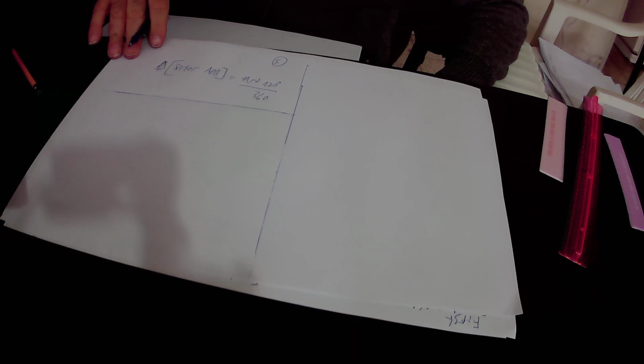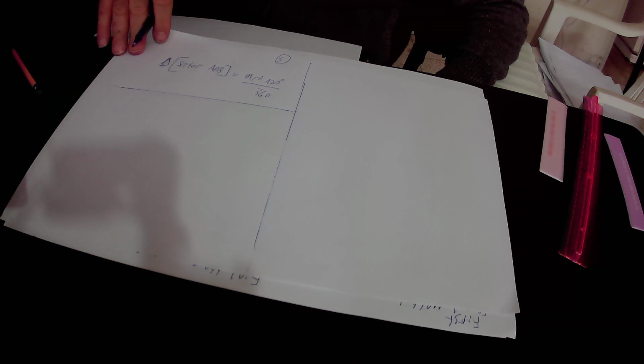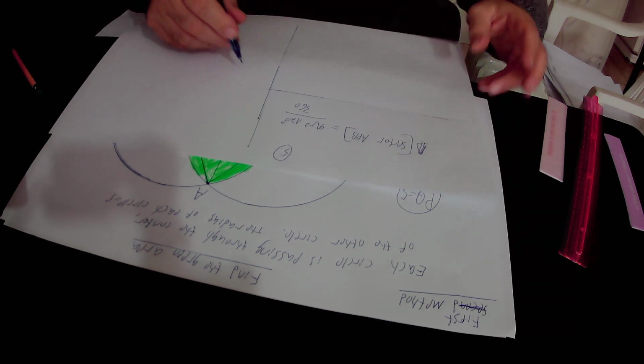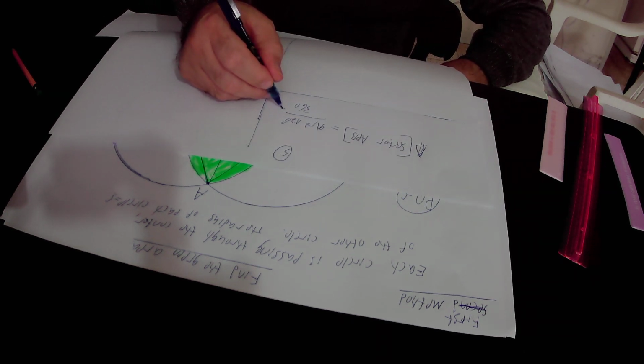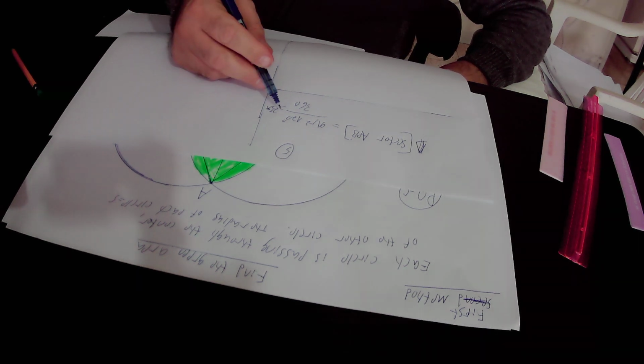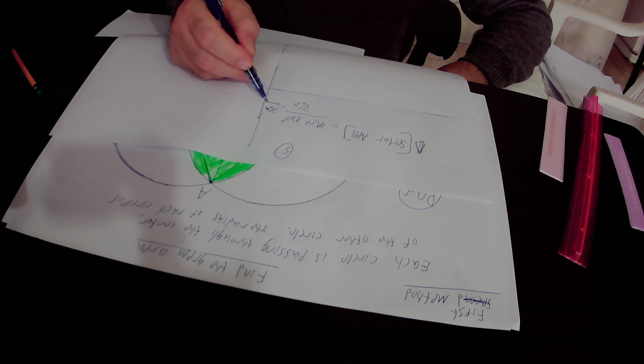R equals 5 units, r squared is 5 squared, which is 25, so the area equals 25 pi, and 120 degrees over 360 degrees is 1 over 3.